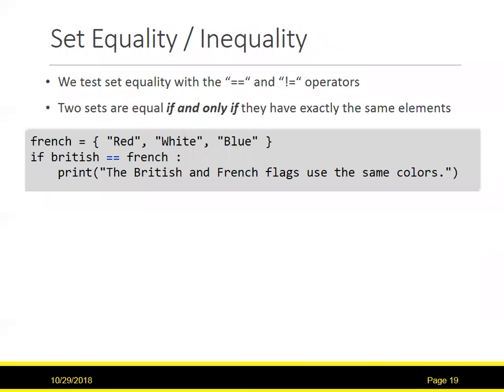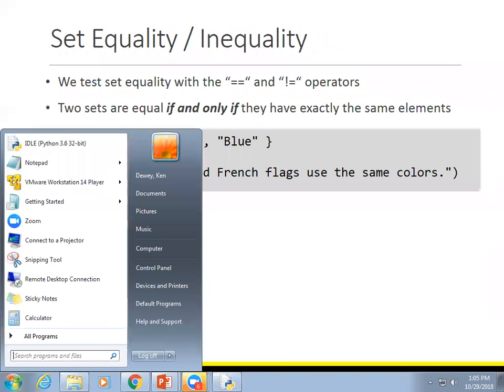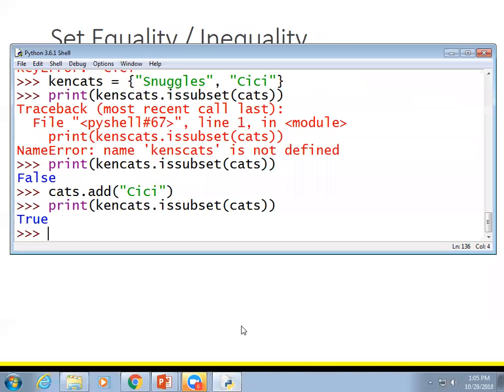Now, let's try this real quick. So British. I know it should be capital letters. Red, white. No, they can't be, you put red twice. I know, I did, I'm fixing it.